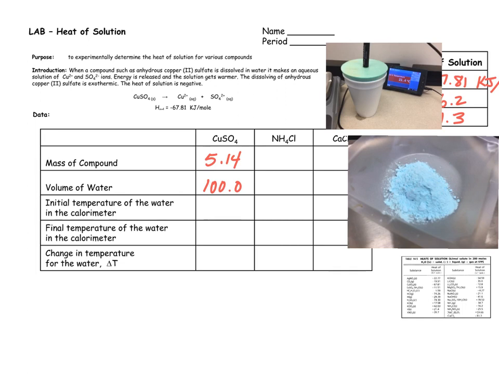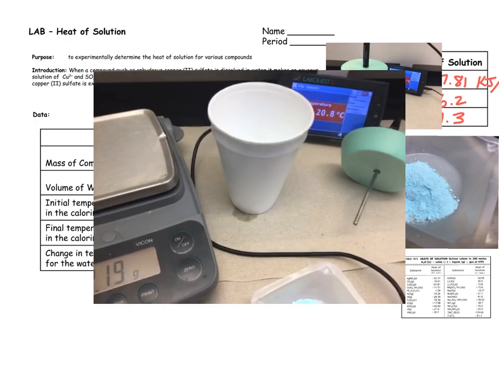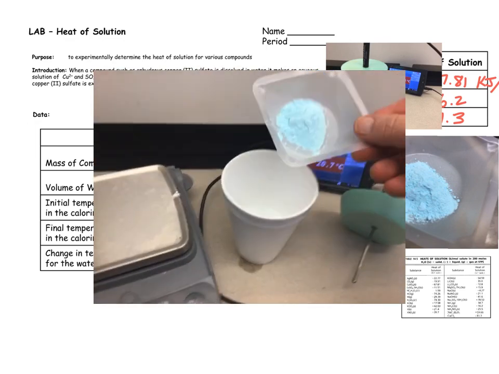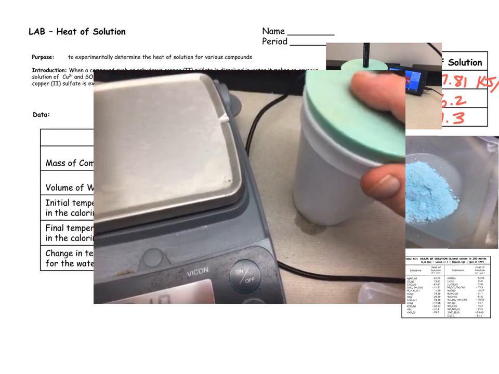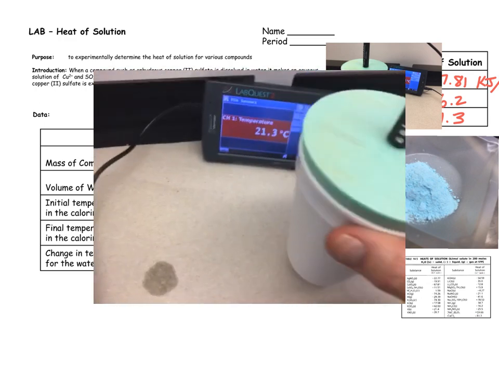The initial temperature of the water is 21.4 degrees Celsius. And then we're ready to put the copper sulfate into the calorimeter. All right, we'll pour the copper sulfate into the calorimeter, return the lid, and we'll let it stir.